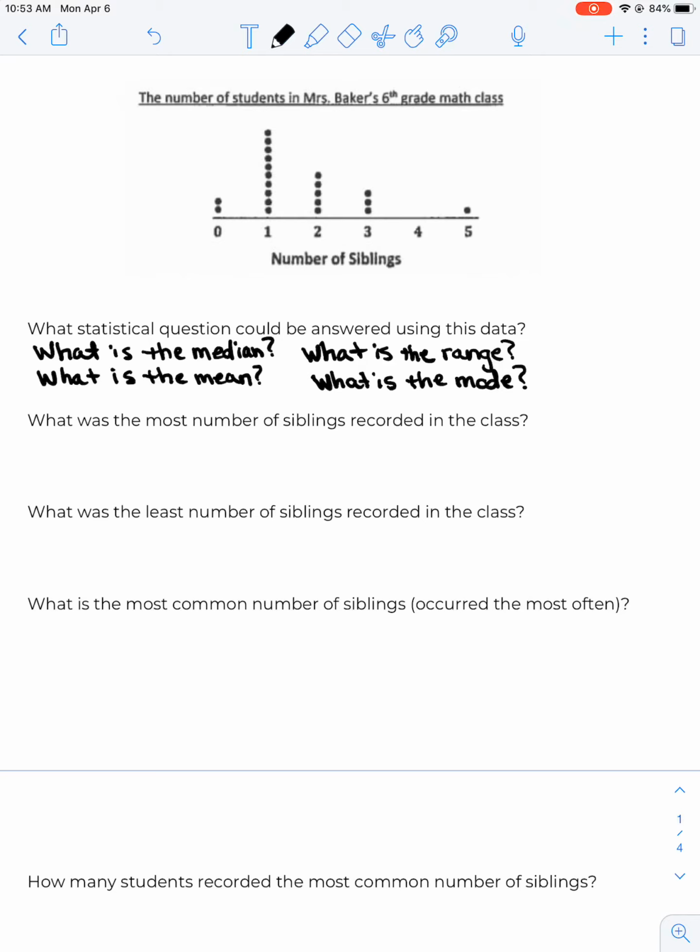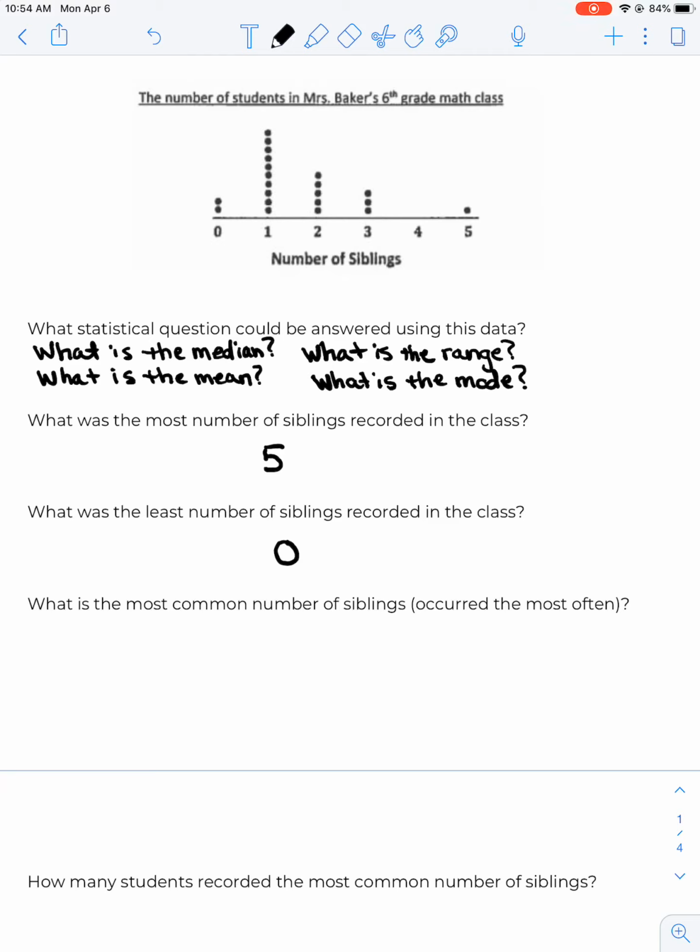So for example, what is the most number of siblings recorded in the class? If we look at this graph, that answer would be 5. It says, what is the least number of siblings recorded in the class? That would be 0. What is the most common number of siblings, in other words, occurred the most often?